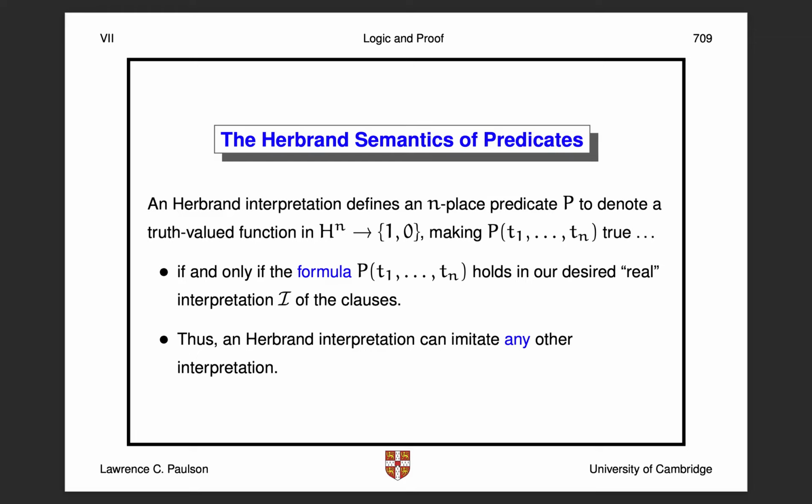If you like, we use the real model as an oracle, and we say that our interpretation of the predicate symbol P, when applied to the arguments t1 up to tn, will be true exactly if it turns out true in the real model, and it will be false if it turns out false in the real model.